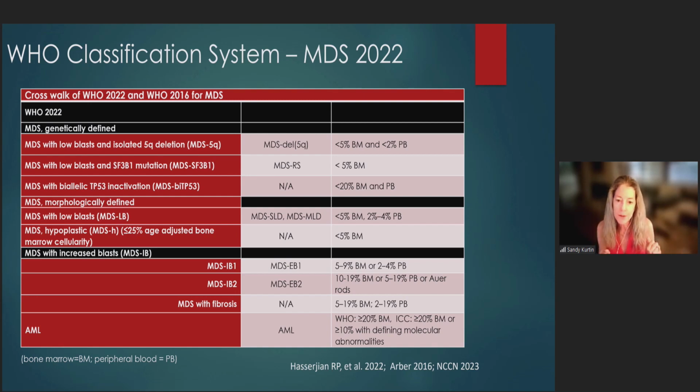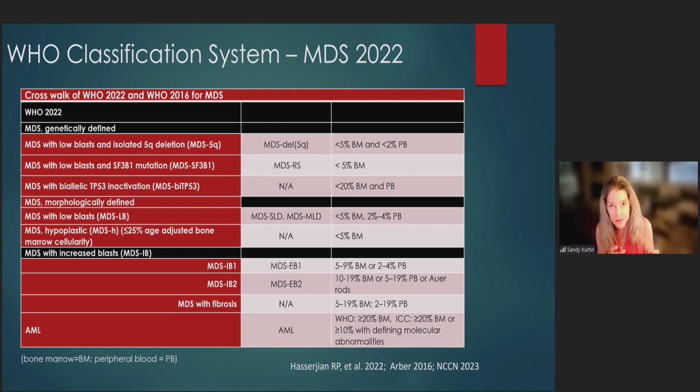And then when we do the morphology, we had MDS with single lineage dysplasia, MDS with multi-lineage dysplasia, and that's going to crosswalk into this MDS low blast. And then the hypoplastic really didn't have a name, but now it is named in this new system. And then, as I mentioned, the excess blast 1, excess blast 2, there's a new MDS with fibrosis.